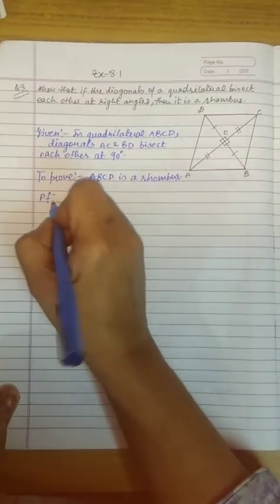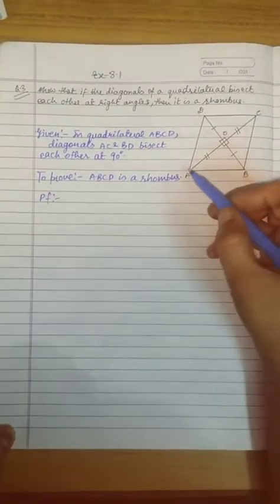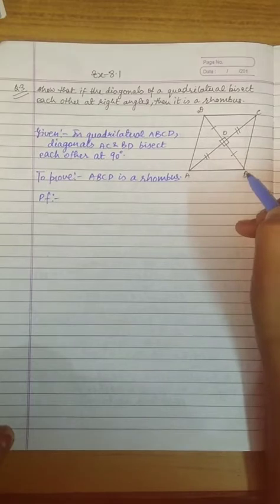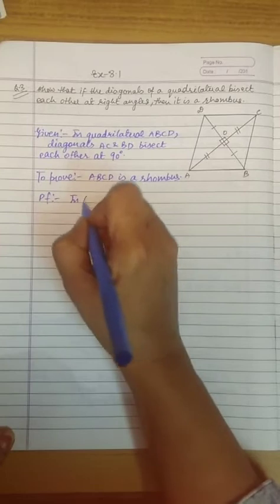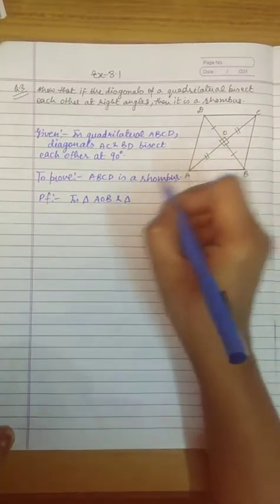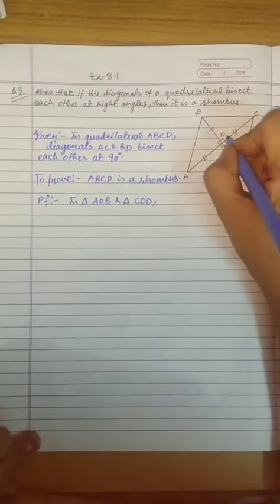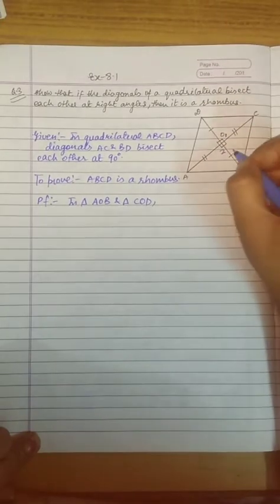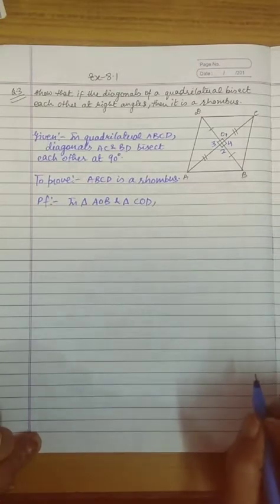So first of all, we will take two triangles, that is triangle AOB and triangle COD. Now all the four angles are equal to 90 degrees, so let it be angle 1, angle 2, angle 3 and angle 4, all equal to 90 degrees.